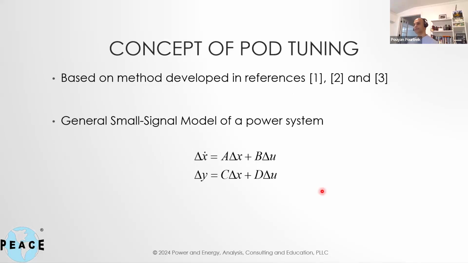So let's just take a step back for a second. We keep saying small signal. What do we mean? In our power system models, we always have a combination of differential equations and algebraic equations to formulate the entire network model. It doesn't matter whether we're in EMT, positive sequence, or phasor domain.